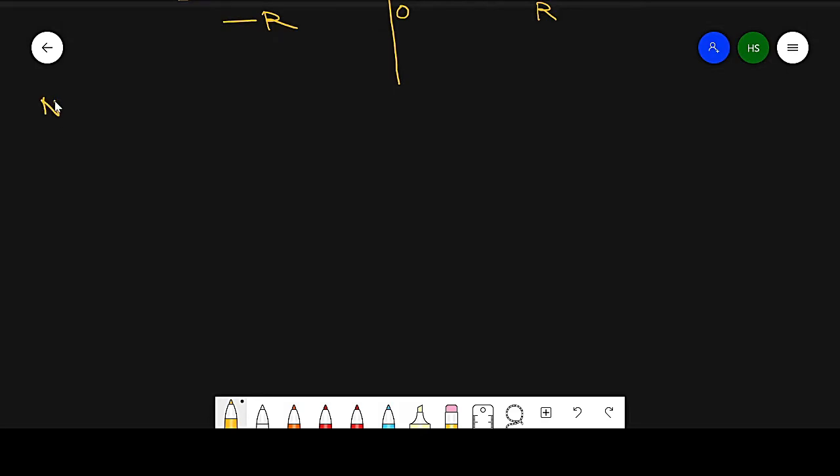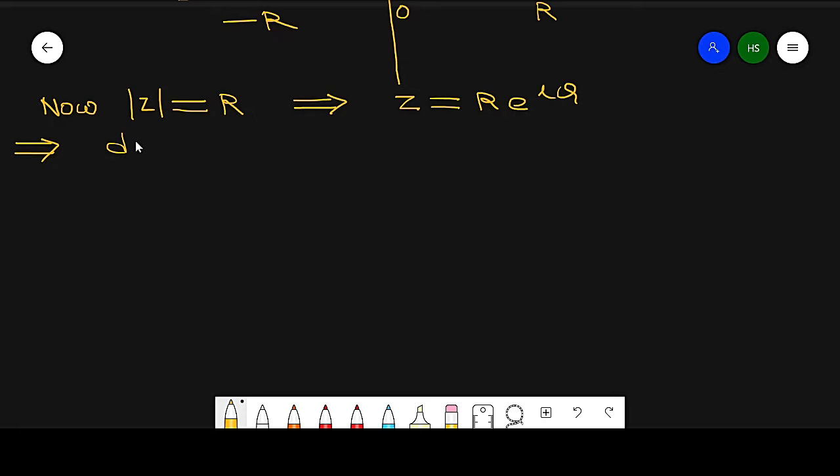Now on this semicircle, modulus of z is equal to R. It implies z is equal to R e raised to power iota theta. So dz is R e raised to power iota theta into iota into d theta.